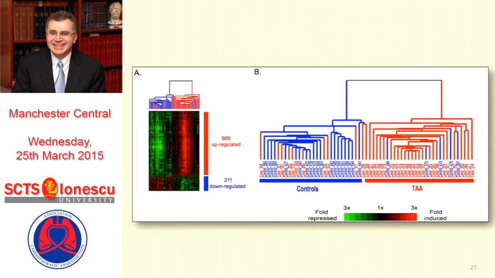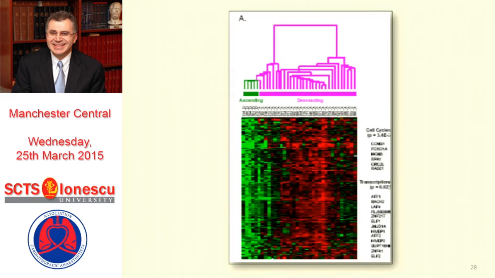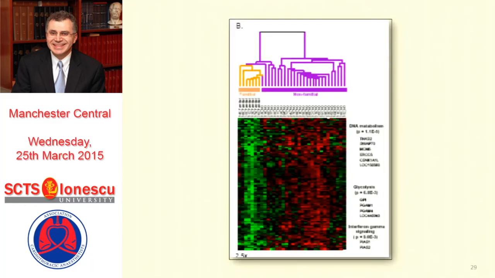So you can see here, if all the blues were together and all the reds were together, the test would have been 100% accurate. It's not 100%, but it's pretty darn good. It was 100% accurate at segregating ascending from descending and familial from non-familial aneurysms. So we're hopeful that this could be a test even for the general population, like a PSA test for prostate cancer.